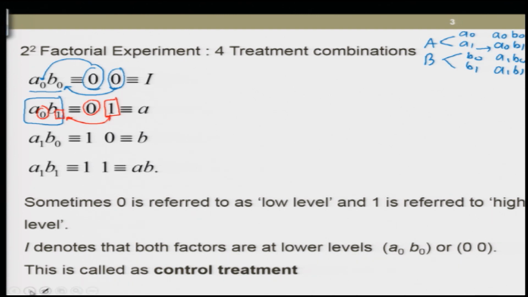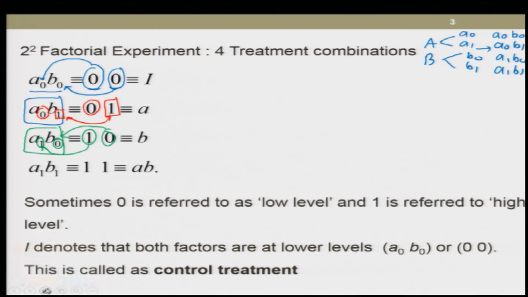Similarly, if I consider A1 B0, then in this expression the 1 of A and this 1 are the same, and this 0 and this 0 are also the same.